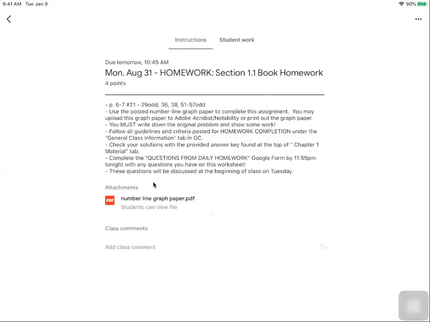So if it says 3/4, -1/2, and 1, label number 1 and put those problems down, and then graph them on the number line. You can do all of your work on this number line paper. So you can choose to send it to Notability or the Adobe Acrobat app, and then you'll post it back here on Google Classroom. Does anyone have questions?